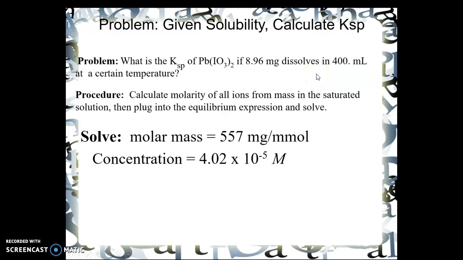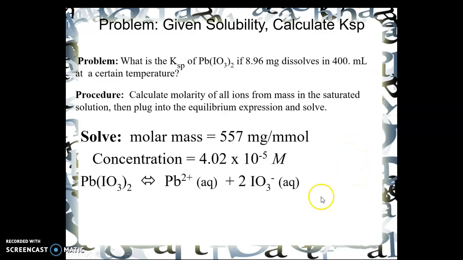Remember, it's millimoles per milliliter, and we end up with a 4.02 times 10 to the negative 5th molarity. Now, what is that of? Well, it's the molarity of the lead ions, because it's the molarity of the lead iodate, and there's only one lead in every lead iodate.